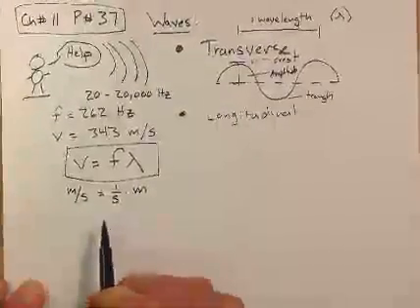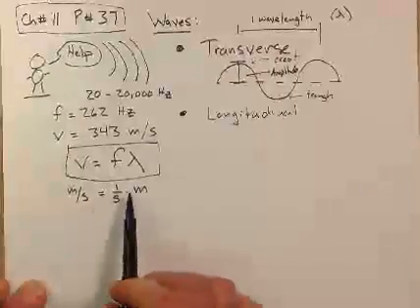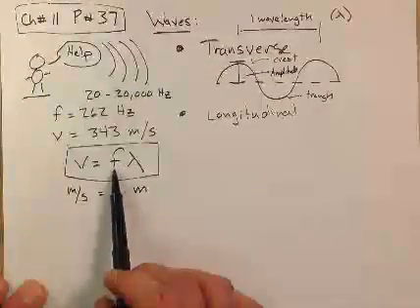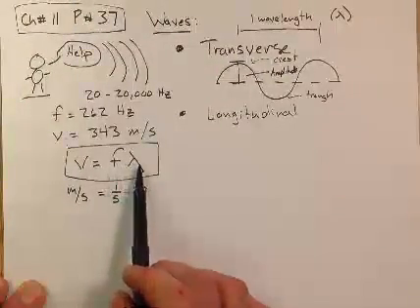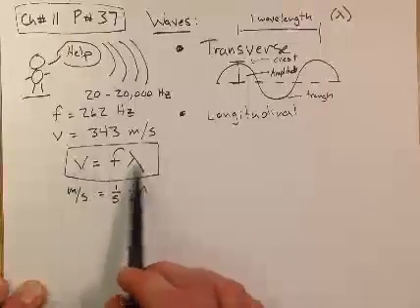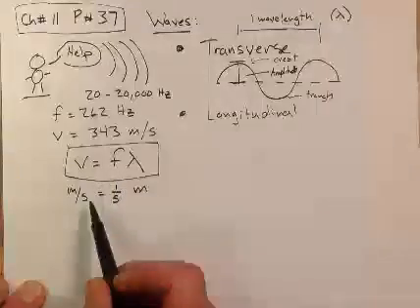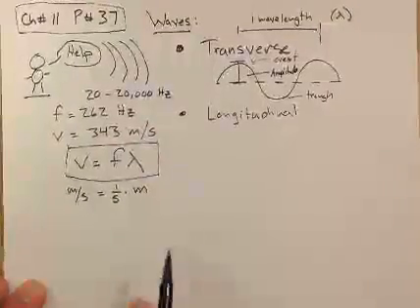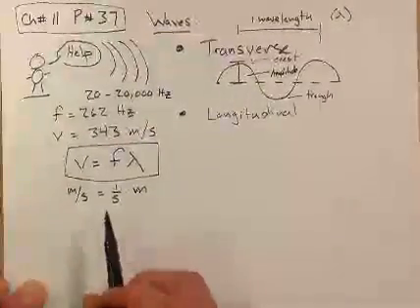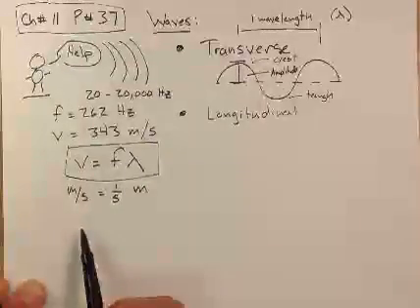I always think of this like running. If you're a cross-country runner and you take 3 steps per second and each step is 1 meter long, you're going to be running at 3 meters per second.